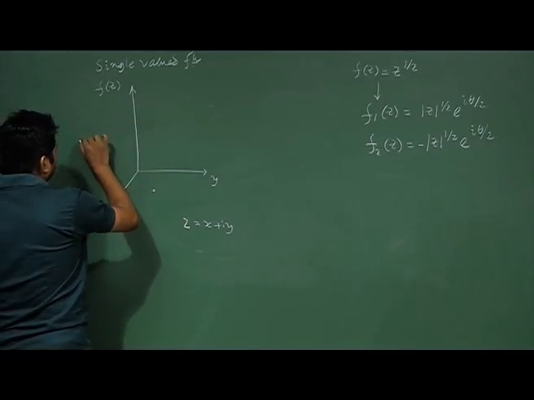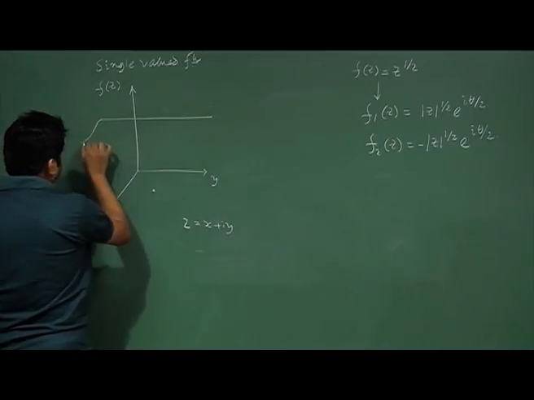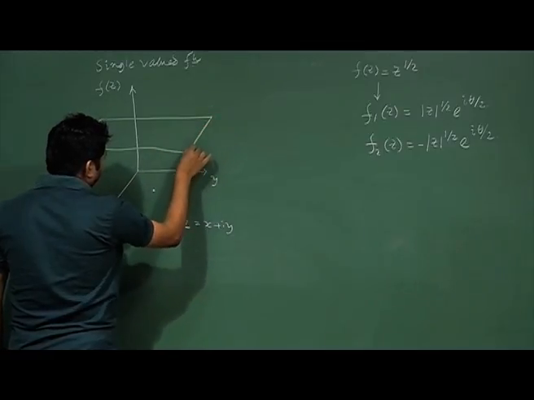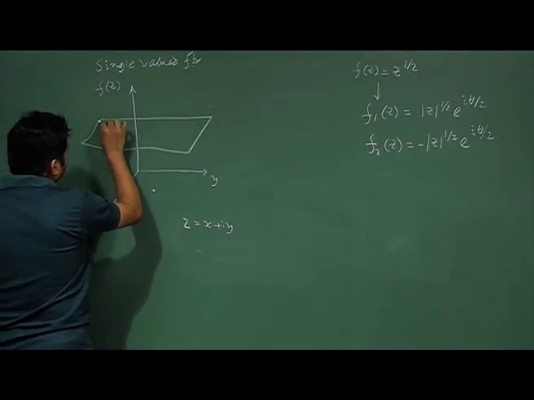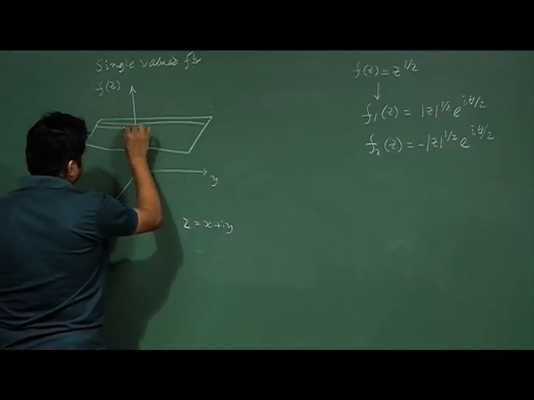So, the surface is looking something like this. I try to draw, I do not know exactly what the function is, but if I plot that, it will be something like this.